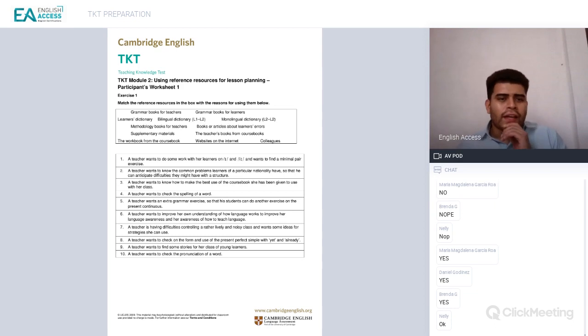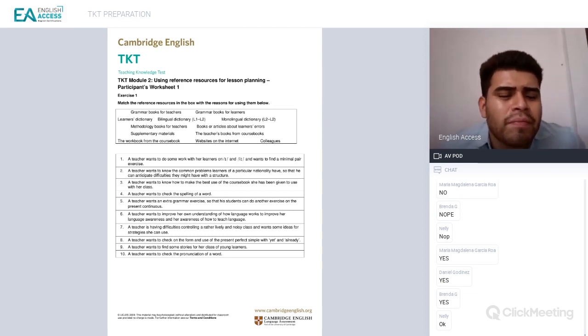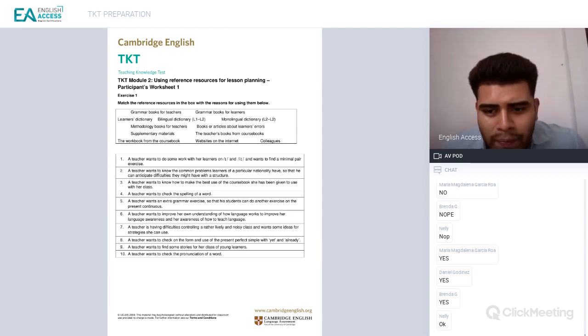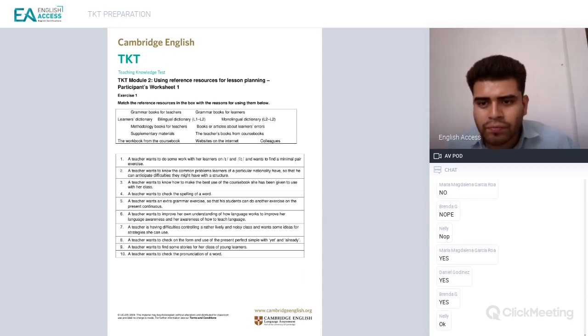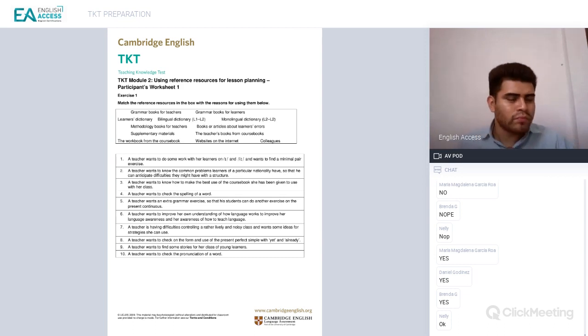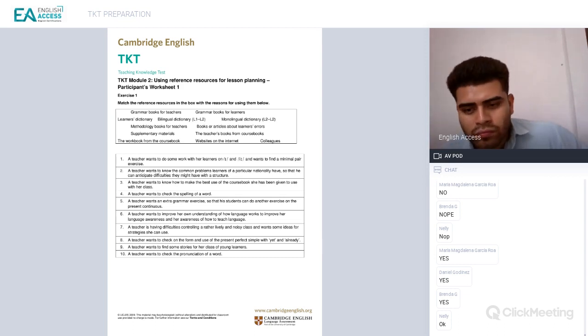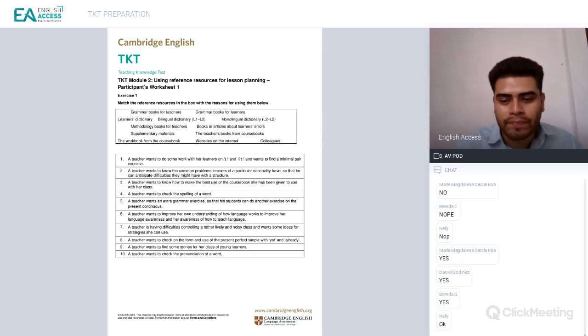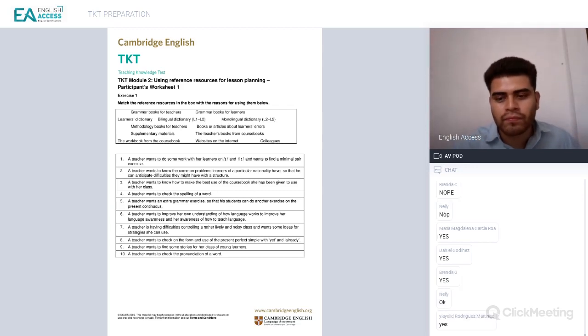All right. Can you find this piece of paper, please? TKT Module 2, using reference resources for lesson planning. Participants Worksheet 1. You have it? Yes, Ila?